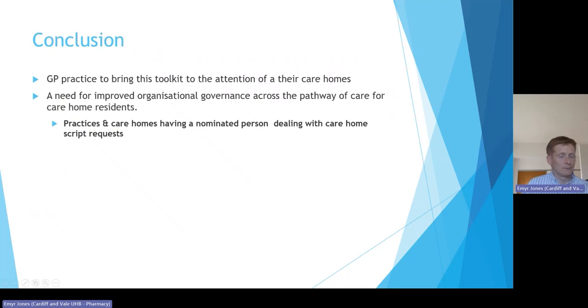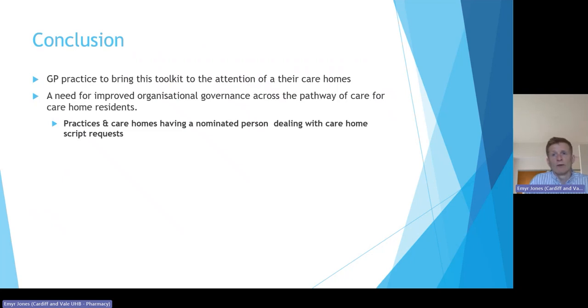And finally, the ask around this toolkit is just making care homes aware of it as a resource. So bringing it to the attention of your care homes, and also trying to improve the organisational governance across the pathway for care home residents.